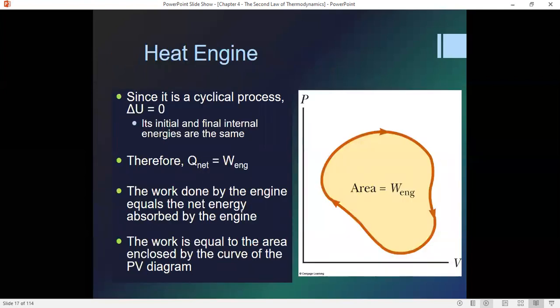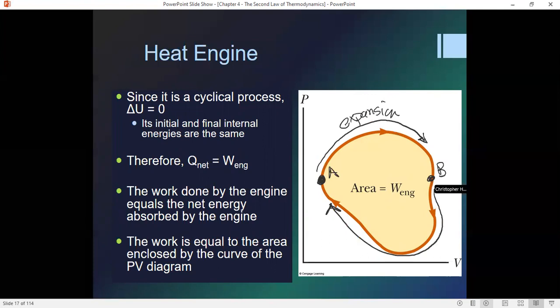And again, if you look at this right here, this is a little bit tough to see on this path. From this point to this point corresponds to expansion. We're increasing our volume, from point A to point B. And then the other way around, that would be compression.